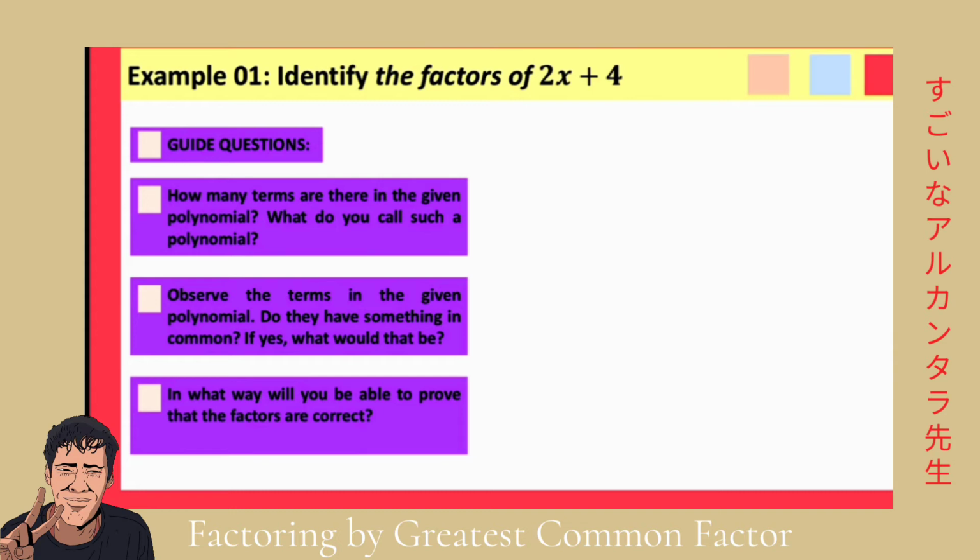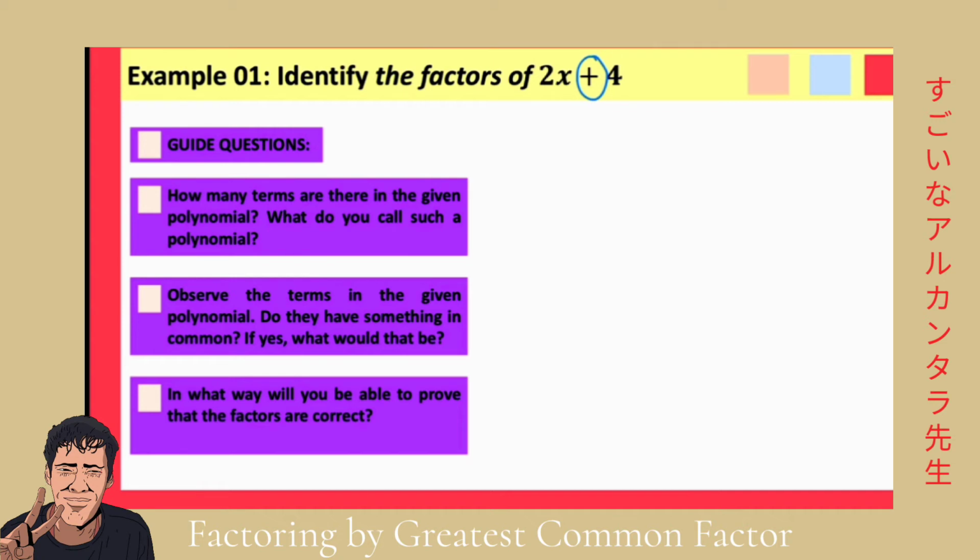So the first one here is how many terms are given in the polynomial and what do we call such polynomial? Class, in order for us to identify the number of terms, the terms are separated by two operations. It can either be addition or subtraction. Those two help us identify the number of terms. This doesn't work with multiplication.